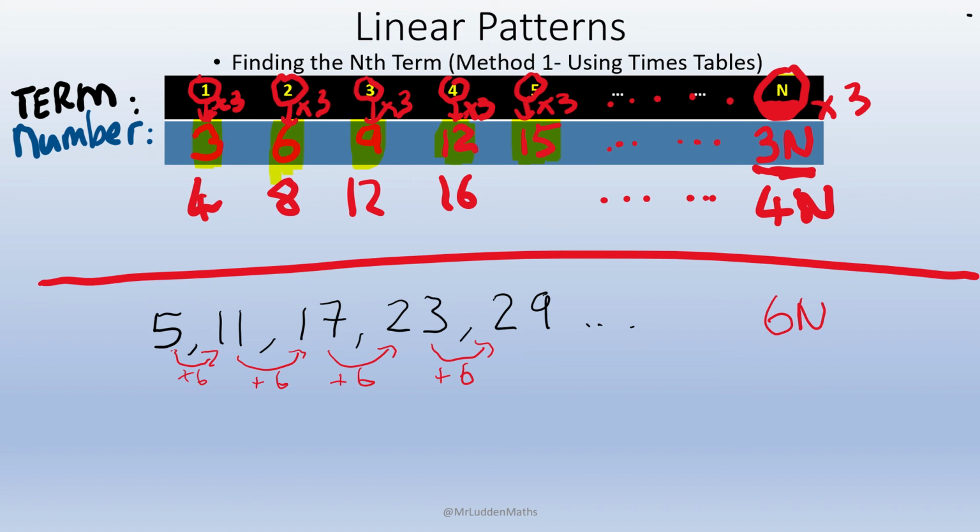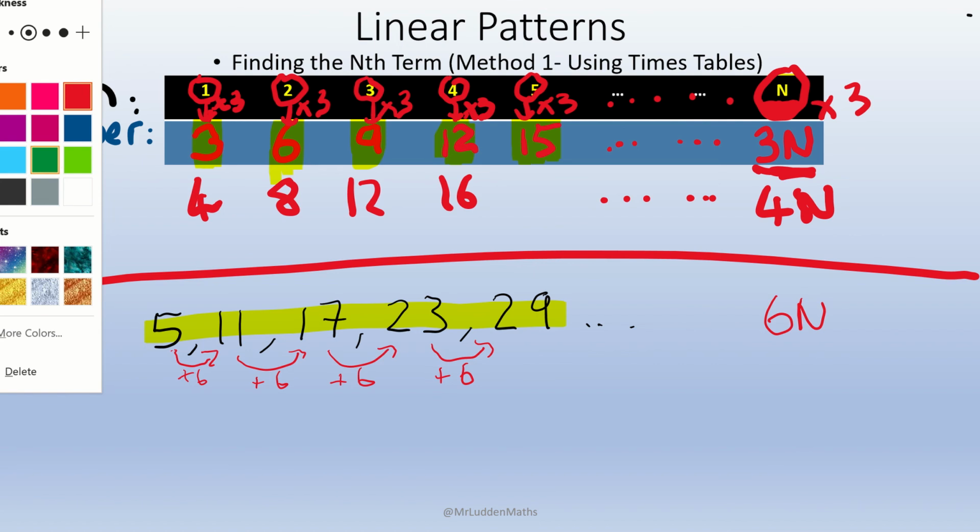However, you'll notice that this sequence here, and I'll just highlight it, does not start with 6, like my 6 times tables. It starts with 5. If this was my 6 times tables, let me just get rid of that. I'll do this in green.